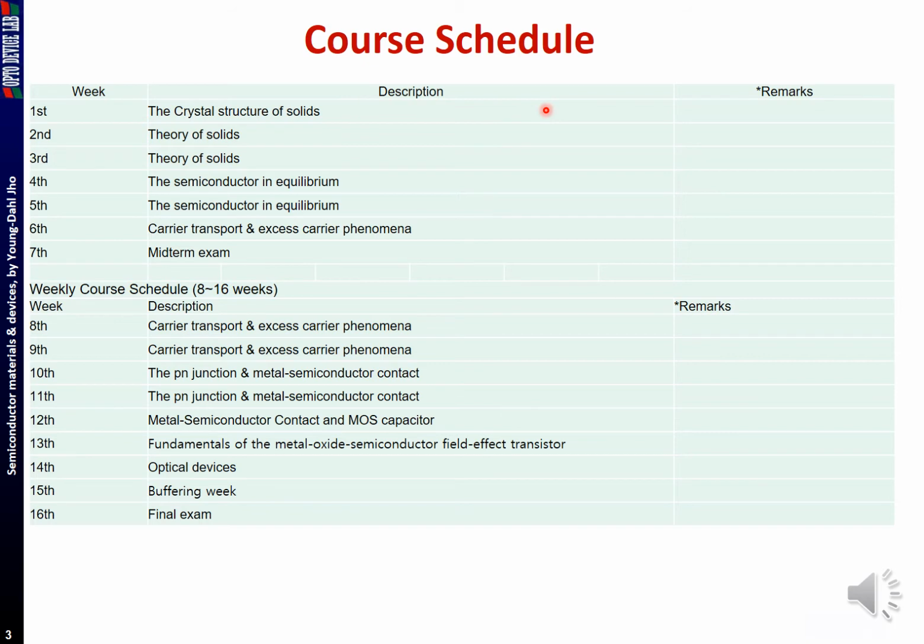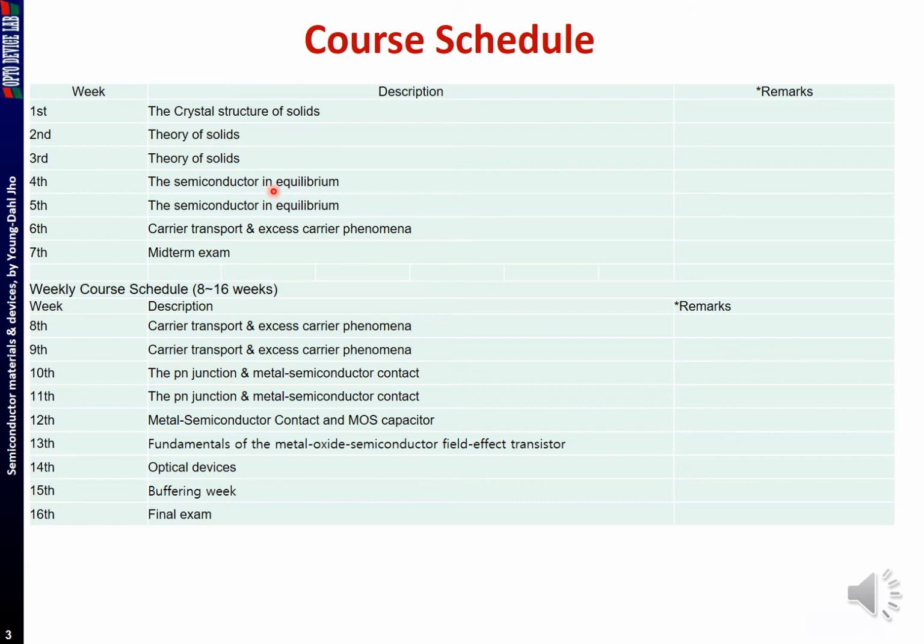Course schedule. We will start from the crystal structure of solids. And actually, to understand better, we need to know some of the quantum mechanics, and the theory of solids is mostly based on quantum mechanics. And then semiconductors in equilibrium.